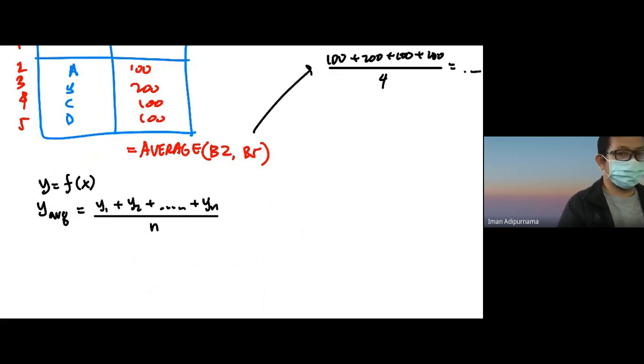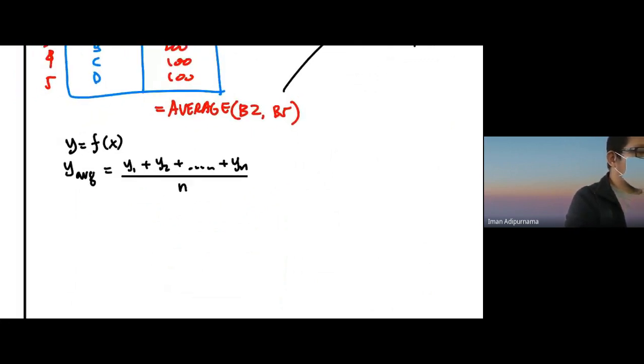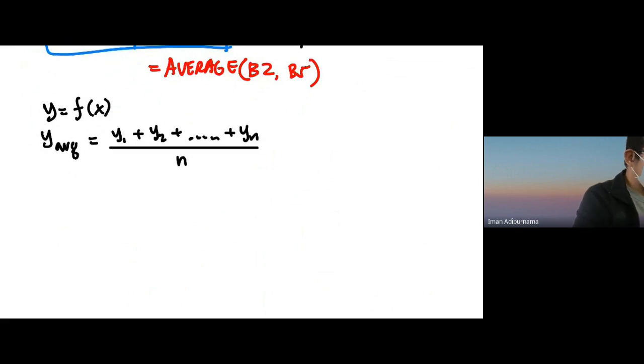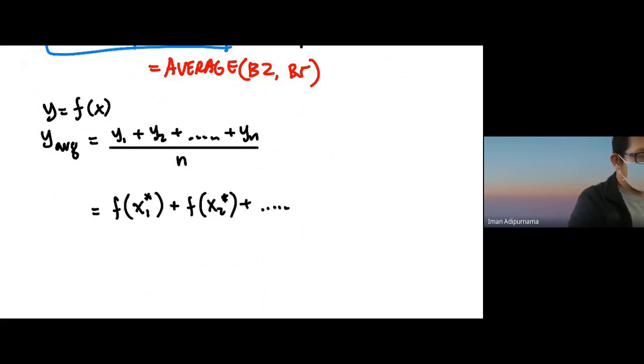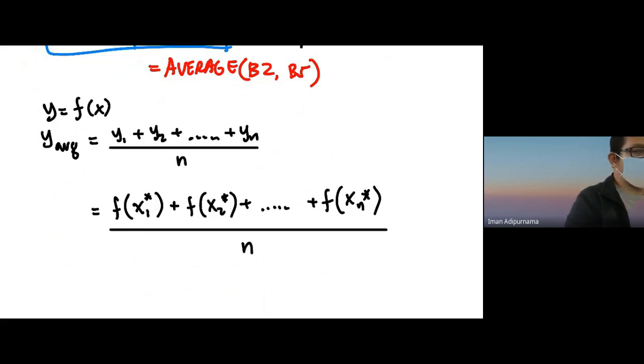Now, because y is a function of x, we can also write y as a function of x1. Let's make it a sample point so that it can be used anywhere. And then x2 until some n value, and divide also by n.